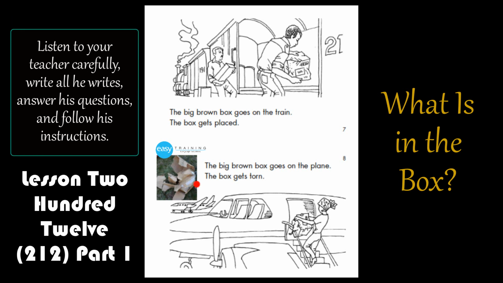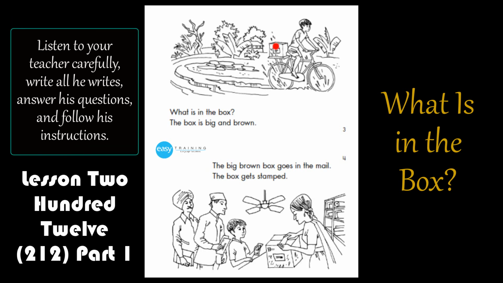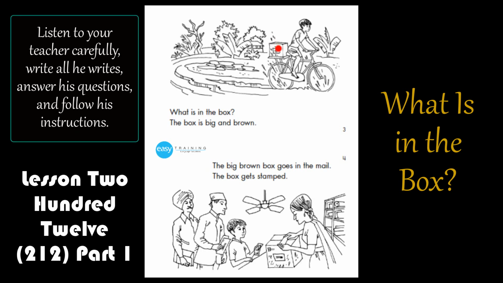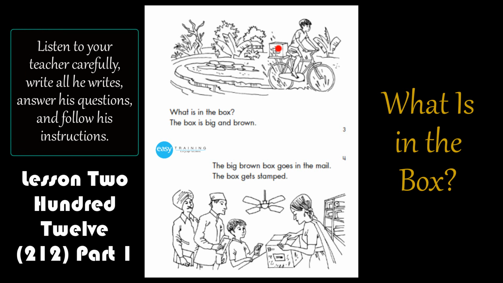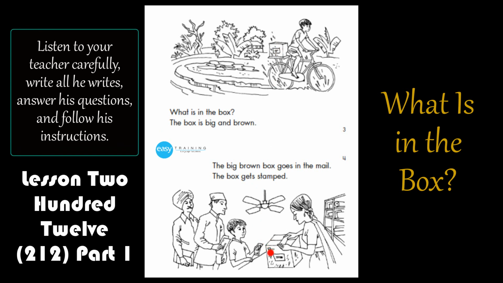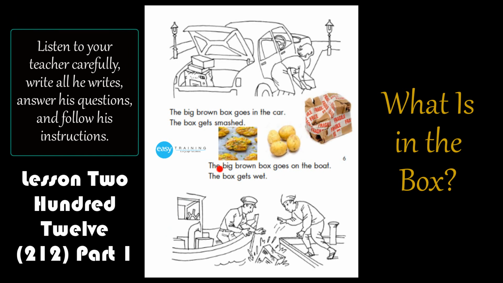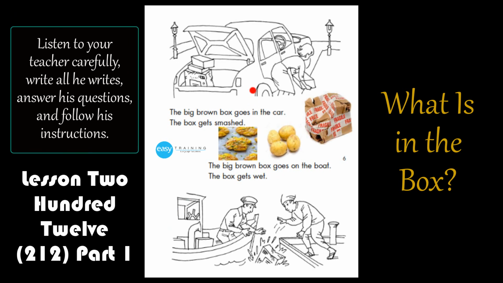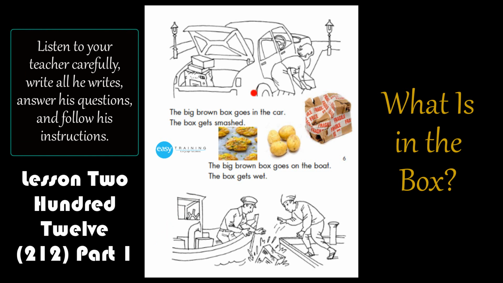Now, what has happened to the box until now? Let's see. Here, in the beginning, the box is neat and whole. Then, at the post office, it gets stamped, something that is required. Then, in the car, the box gets smashed.